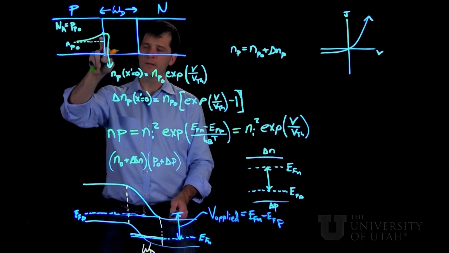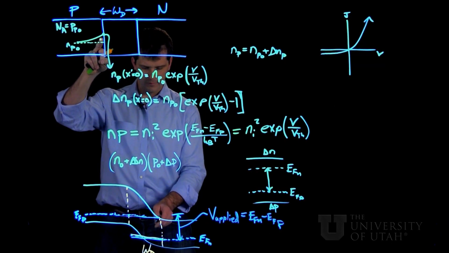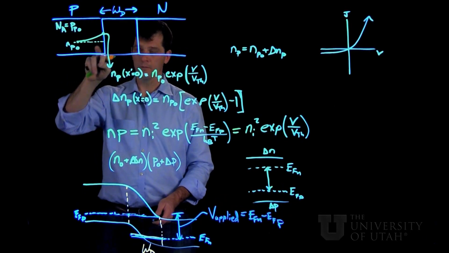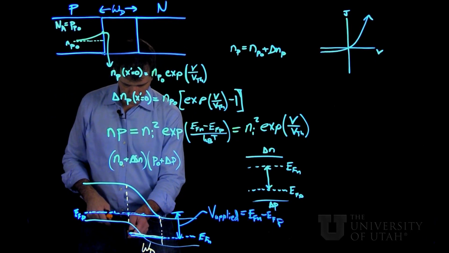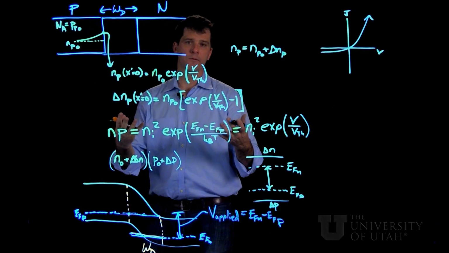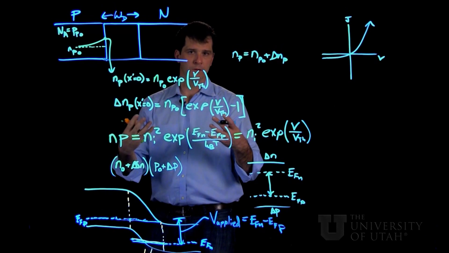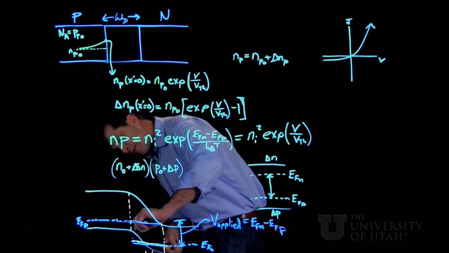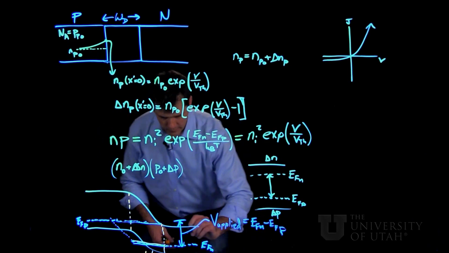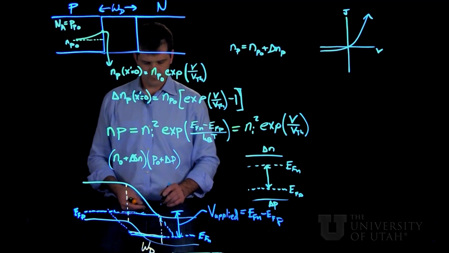And then we have an exponential decay in the number of excess carriers on both sides. And that decay occurs over the diffusion length. So what that tells us is because the quasi-Fermi levels are related logarithmically to the carrier concentrations, it means that the quasi-Fermi levels change linearly on this graph versus distance.